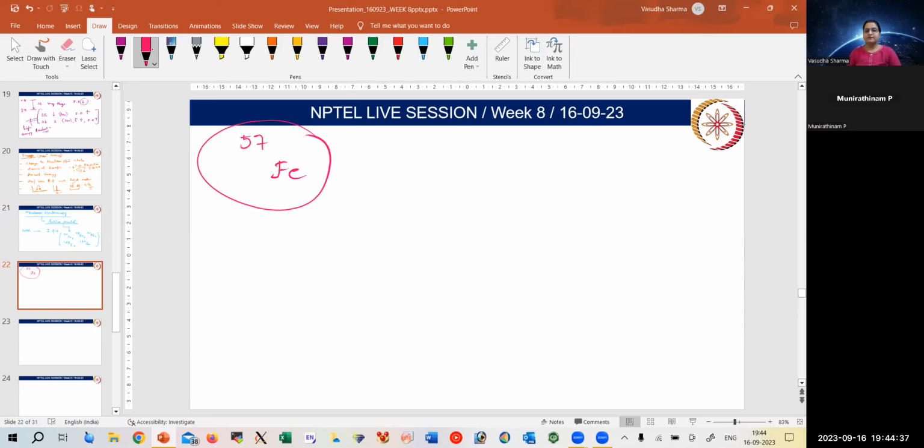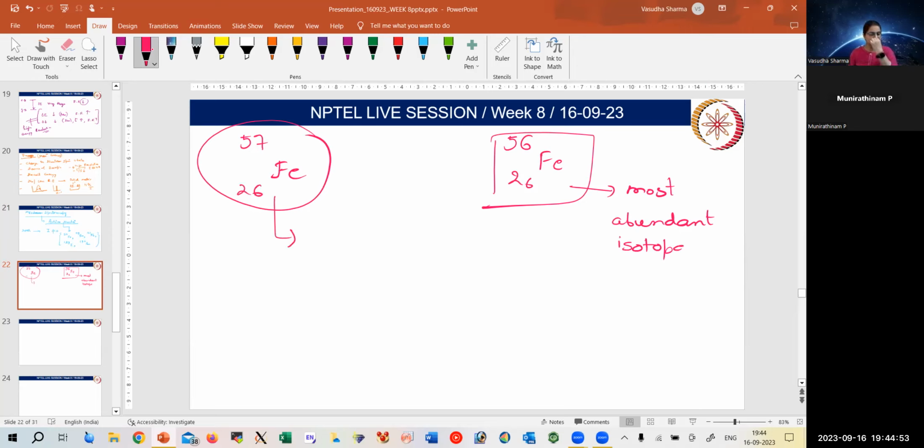Now, we know that generally iron occurs as iron-56, which is the most abundant isotope. This iron-57 stays in I equals half, that's a ground state.